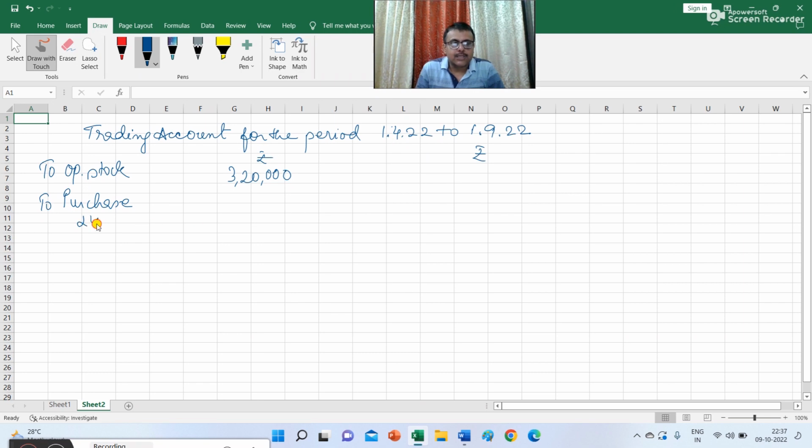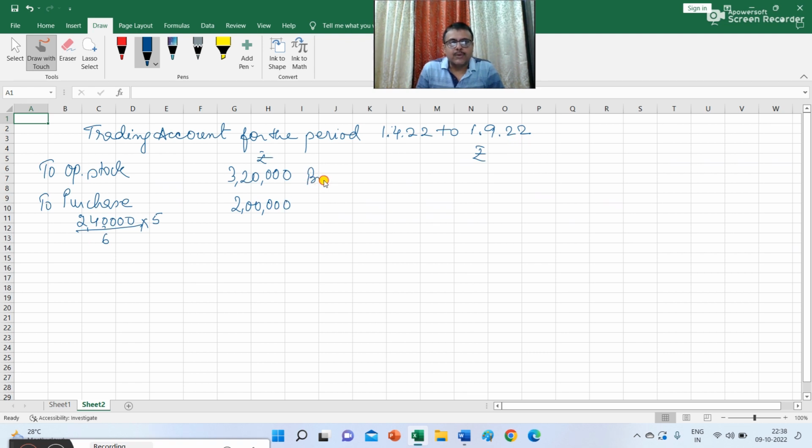This 2,40,000 is the amount of purchase for 6 months, but you have to calculate the amount of purchase for 5 months, from 1st April 2022 till 1st September 2022. And this will be 2 lakh.